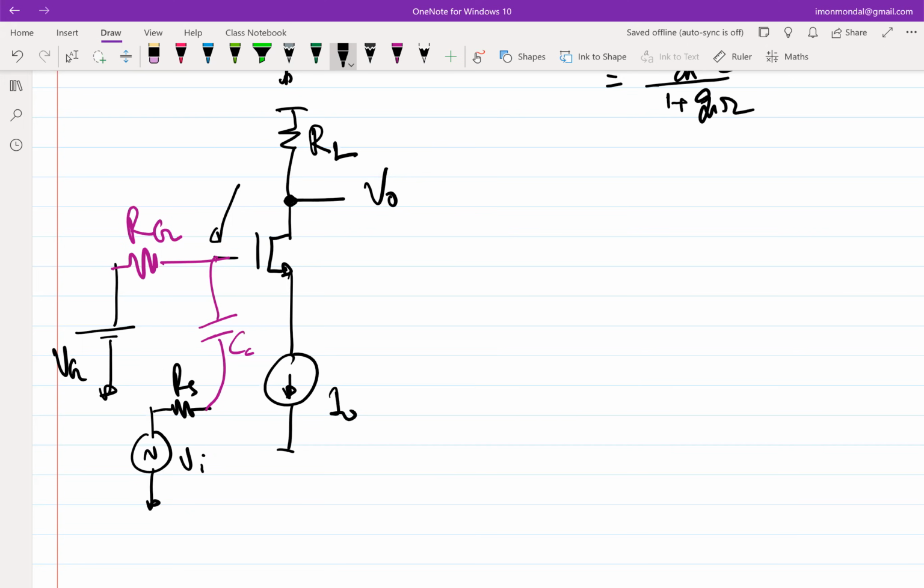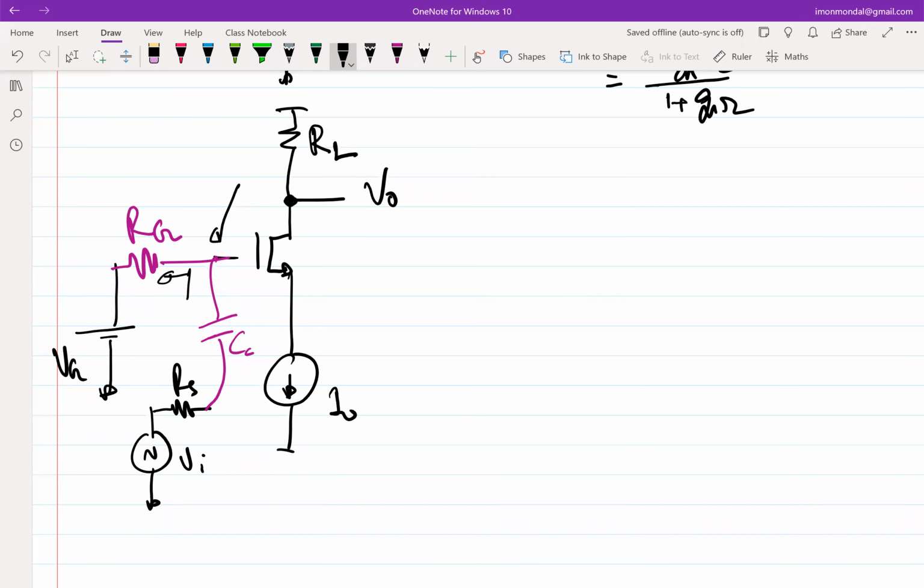The other way of looking at it is that at the signal frequencies, the impedance looking here is much higher than the impedance looking to the other side. The impedance of that is RS plus 1 over j omega C, which should be much less than that of RG. So from there you get the constraint on C. That's fine.